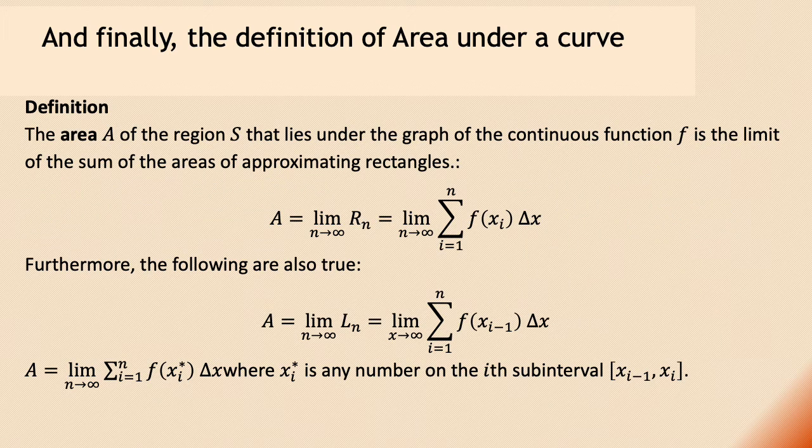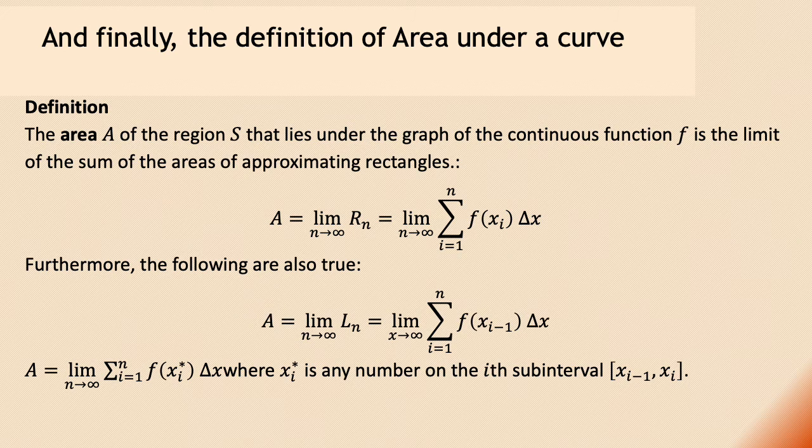All right, so then we come to the formal definition of area under a curve, which turns out to be the limit. So this is a limit definition. The limit as n approaches infinity. So as the number of rectangles becomes arbitrarily large, you calculate the area of each rectangle.